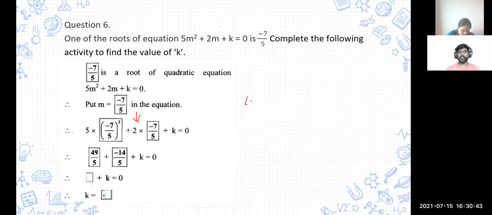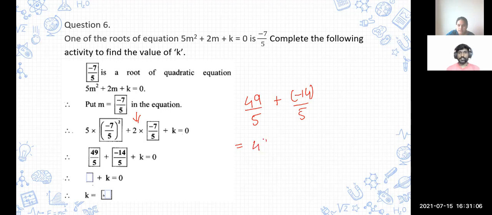So now you have 49 upon 5 plus minus 14 upon 5. In the next step, you just have to put a direct answer, but there is a little bit of solving to do. Just look at the screen. The denominator is the same, right?